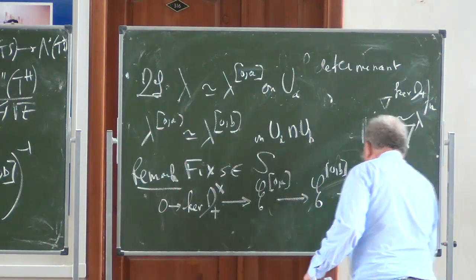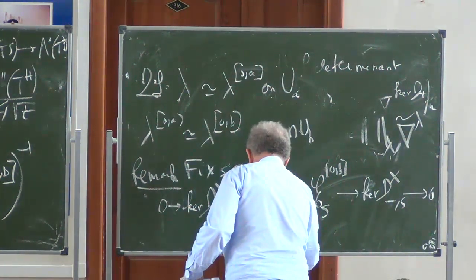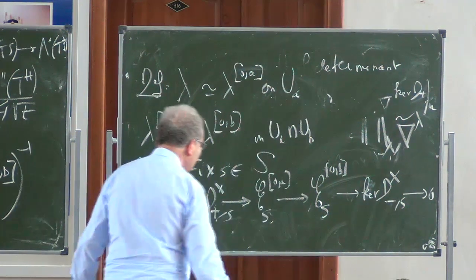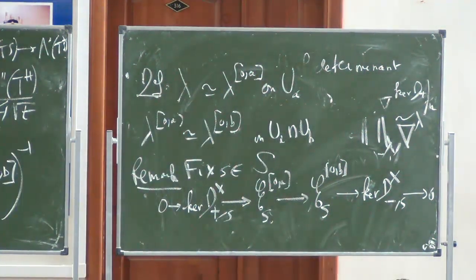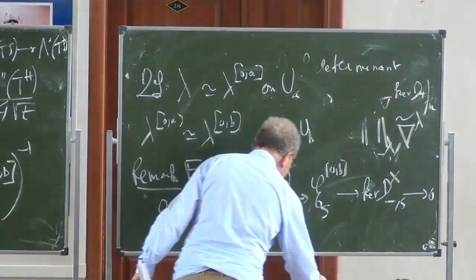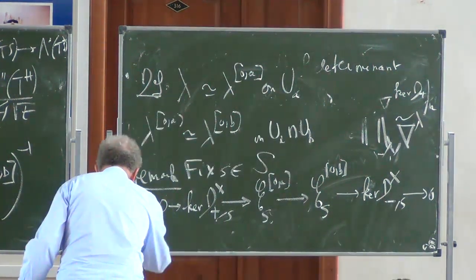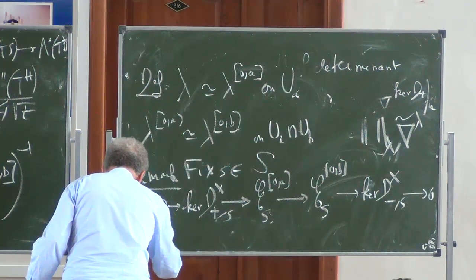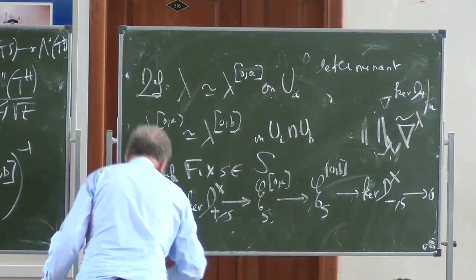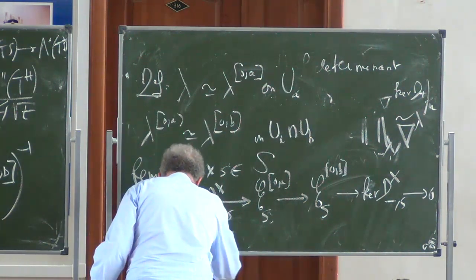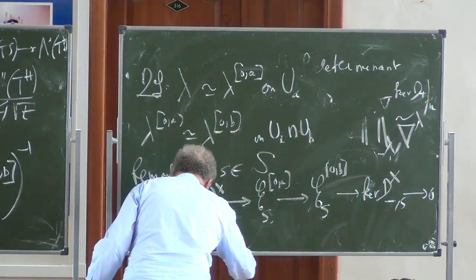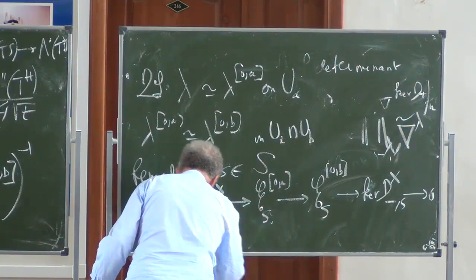This is at each point S. And so from this exact sequence, it's extremely easy to find that lambda 0as is canonically isomorphic to the determinant of the kernel of ds.